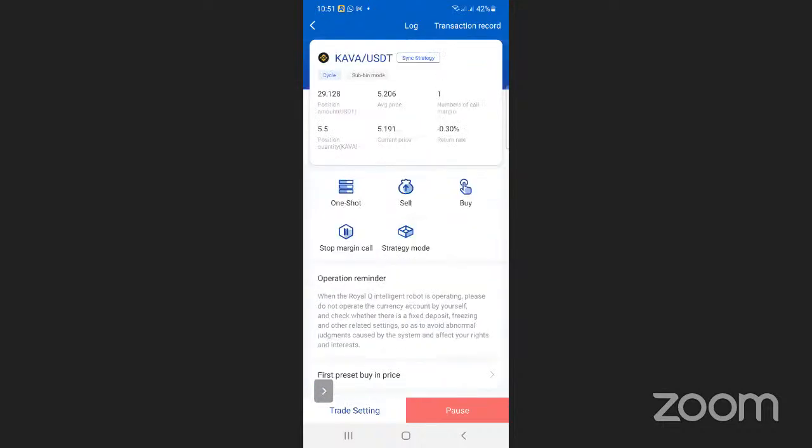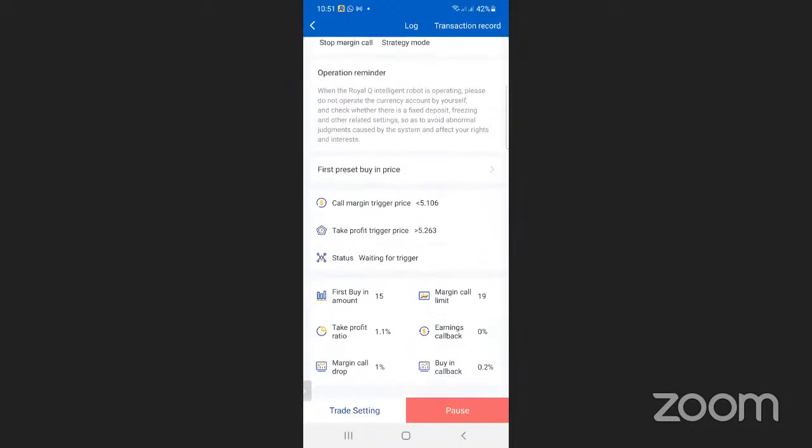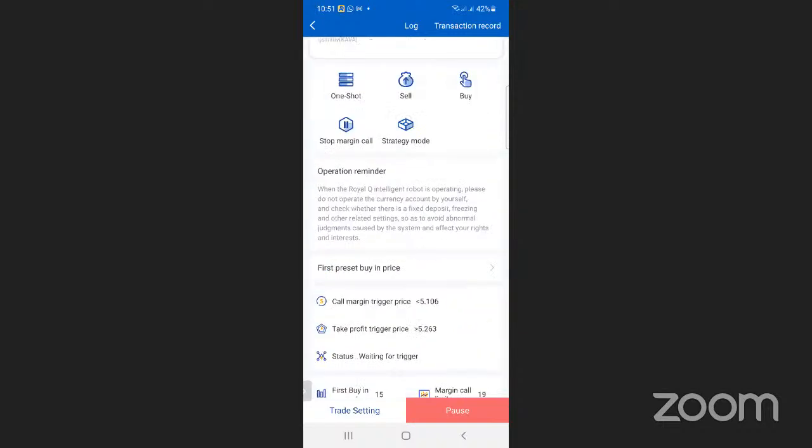Now look, if the current price, ladies and gentlemen, gets at 5.106, look at this. If the current price gets at 5.106, the robot, the call margin trigger, what is call margin?